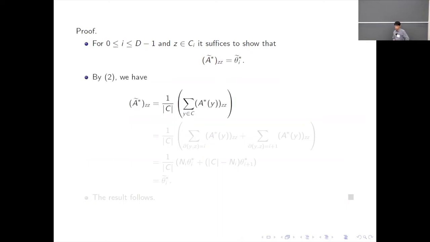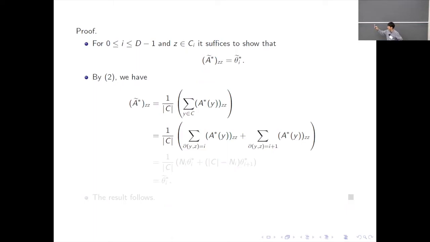Let's compute the zz entry of the original definition of A star tilde. That is just 1 over C times the sum of the zz entry of A star y, where y is a member of C. But z is a vertex in Ci. So in the Delsarte clique C, we have two parts: the vertices at distance i from z and at distance i plus 1 from z.